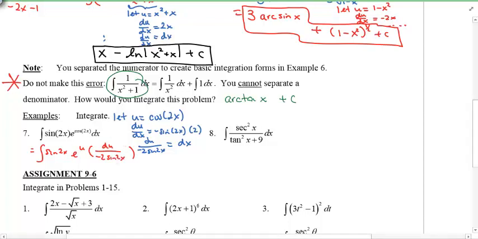Perfect, the sine 2x is divided out, and you're left with just negative 1/2 that I can pull out in front. e to the u du, which is nice because the antiderivative of that is just e to the u. And let me just replace the u back in with cos 2x. Voila, we have our answer.